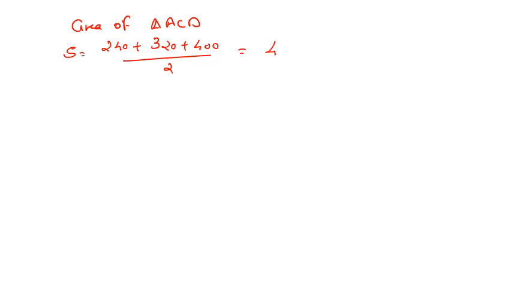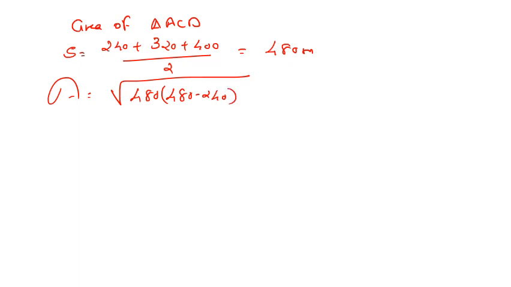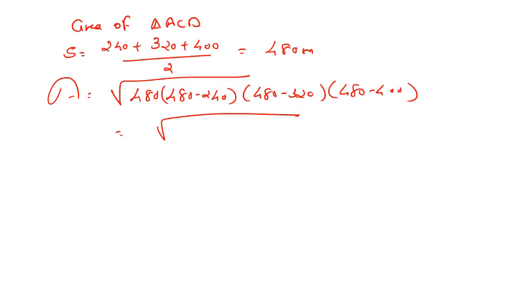So what is the answer? 480 meter. Therefore, area is equal to root of 480 into 480 minus 240 into 480 minus 320 into 480 minus 400. So answer is root of 480 into 240 into 160 into 80.